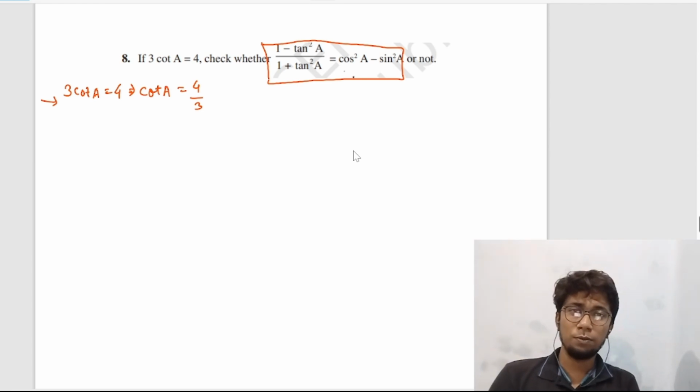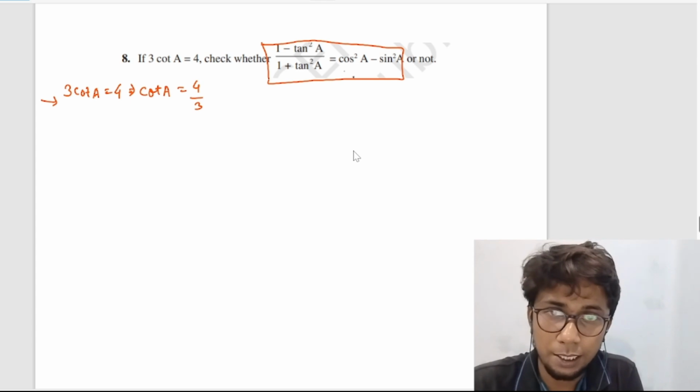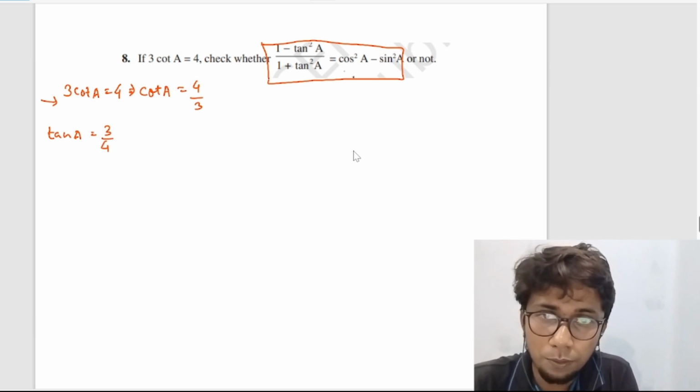And how will you do it? With the help of this cot A, can you calculate tan A? Of course you can, right? Tan A is nothing but 1 over cot A. So tan A will be 3 over 4.